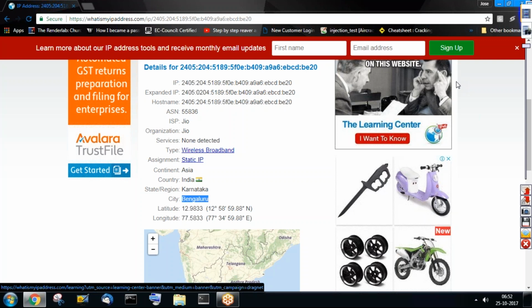But anyway, as I was saying, do you see the information on the screen? Somewhere out on the internet, a site called What's My IP Address, based on the IP address that my machine is coming from right now, has the information that I'm sitting in Bangalore. So are you understanding what I'm saying here? From my IP address, they were able to figure out what my location is.